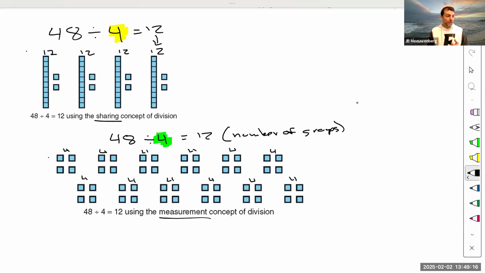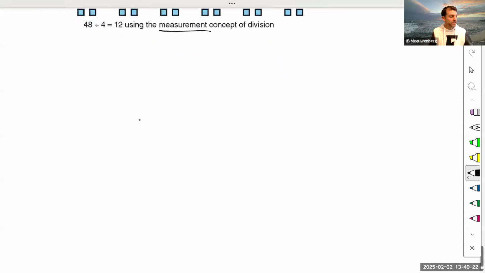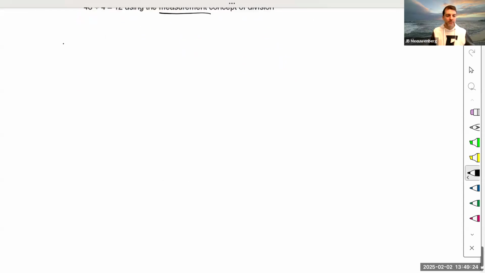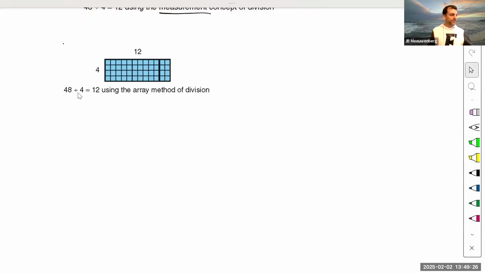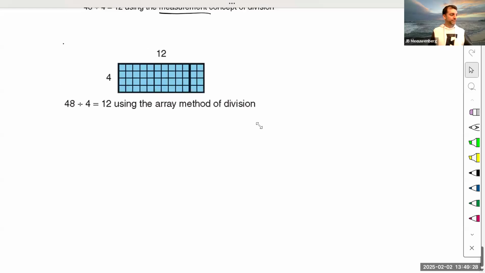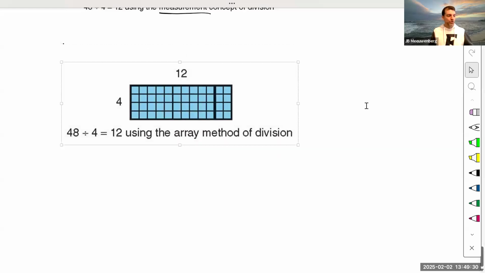Now, there's one other model that maybe some of you did. And we've talked about this in the multiplication section, and it might look like this. We did arrays when we were doing multiplication.